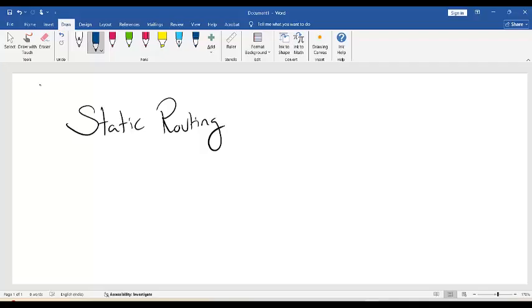We are manually telling the router what direction the traffic is to be forwarded for various destinations. For example, you have a router in the office connecting to two different, let's say, clouds.